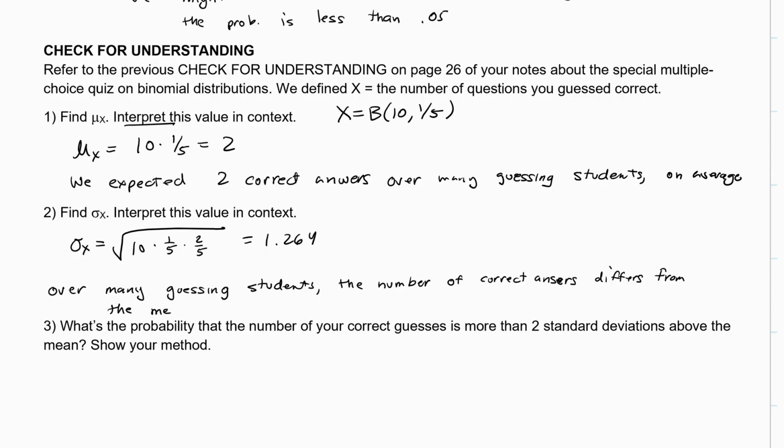That's our standard definition of a standard deviation, by 1.264 guesses. Again, on average.